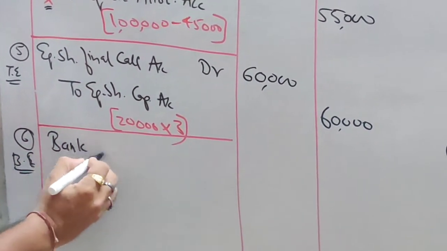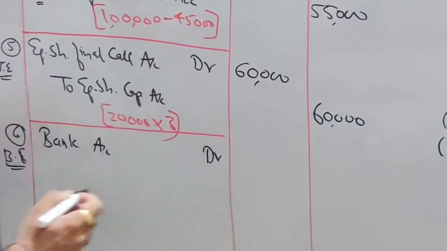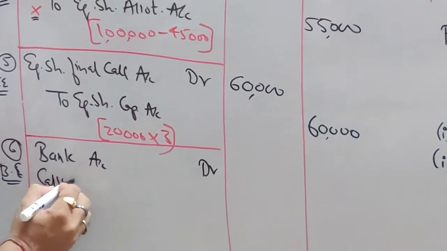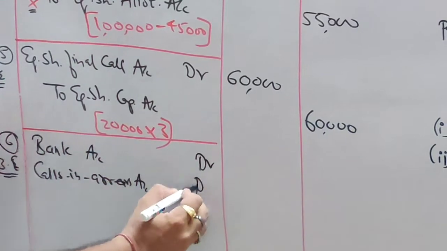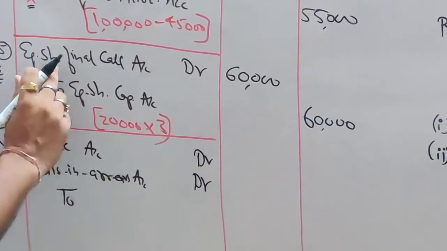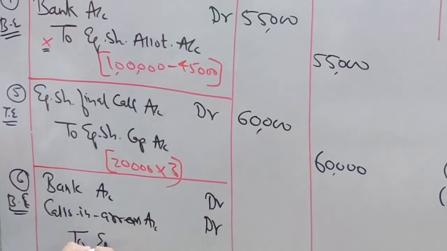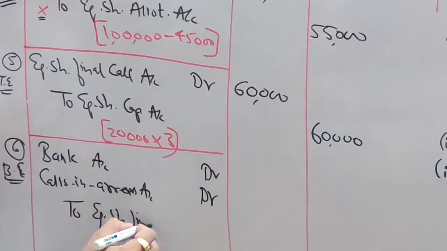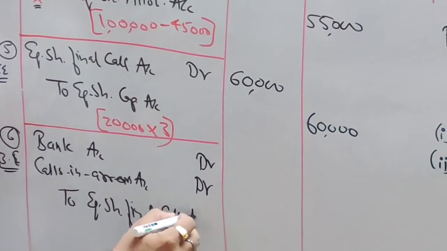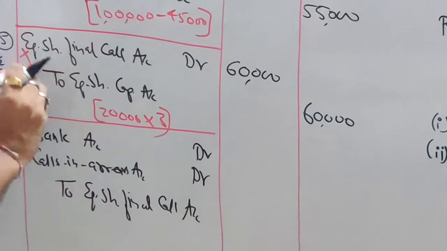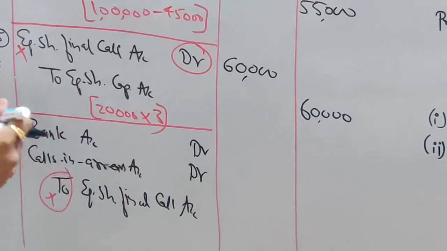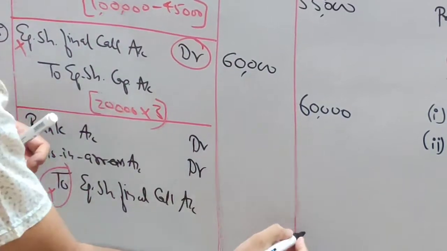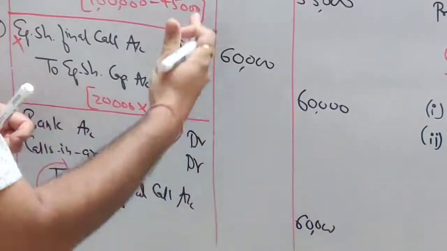Bank account debit, then calls in arrears account debit, to, I want to cancel this temporary account, equity share final call account. So I am cancelling this temporary account. Here I have debited, now I am crediting it with the same amount so that it gets cancelled completely.